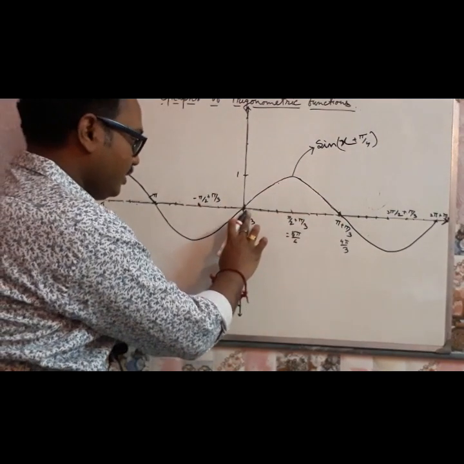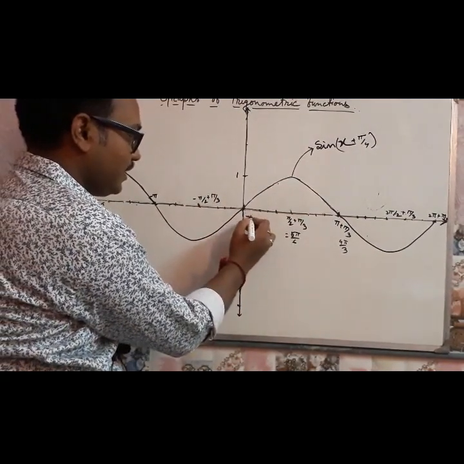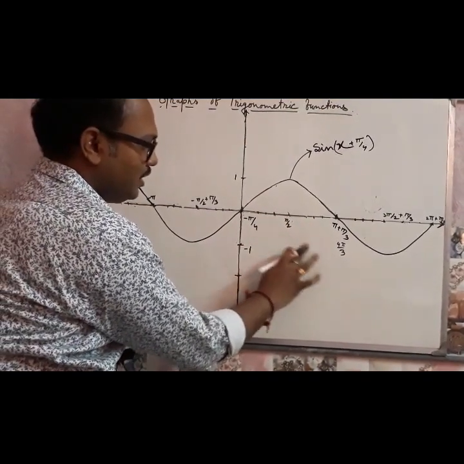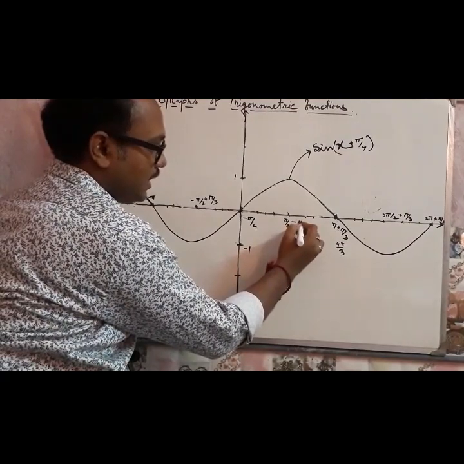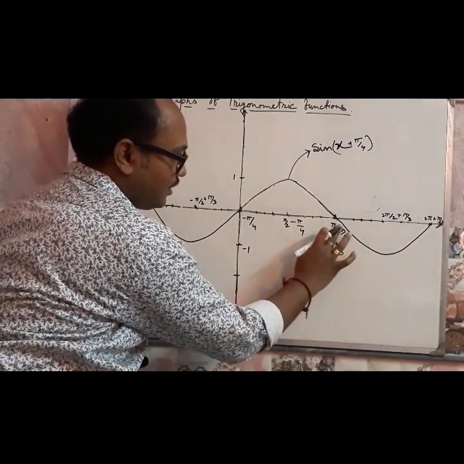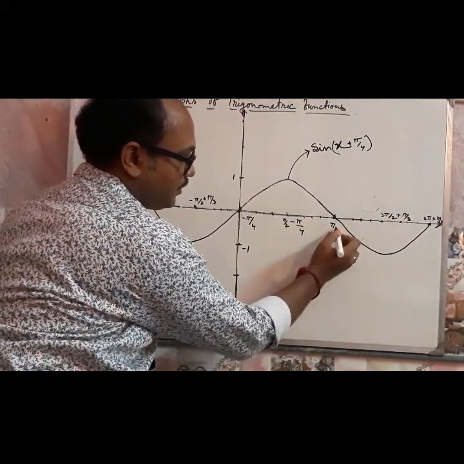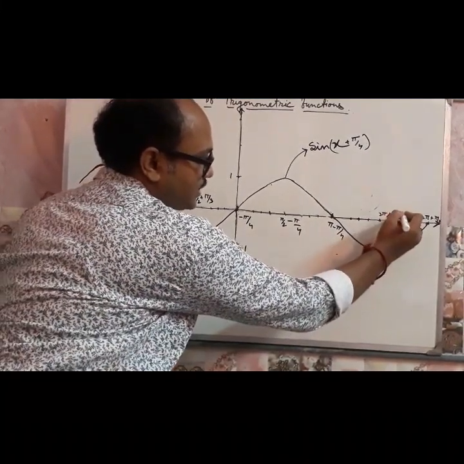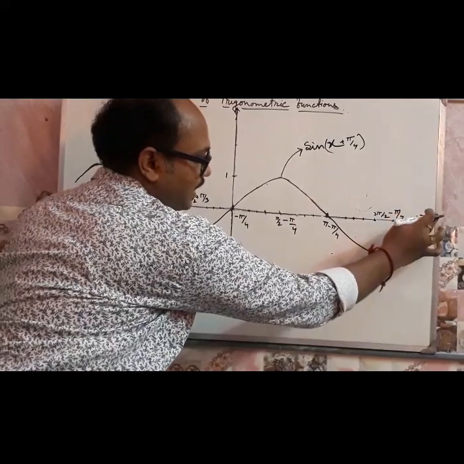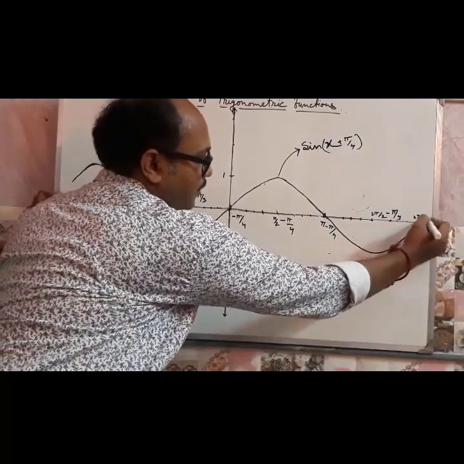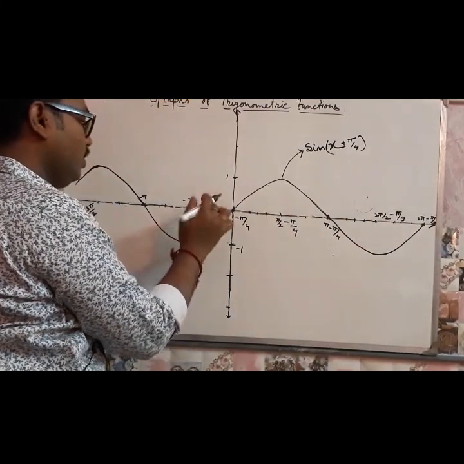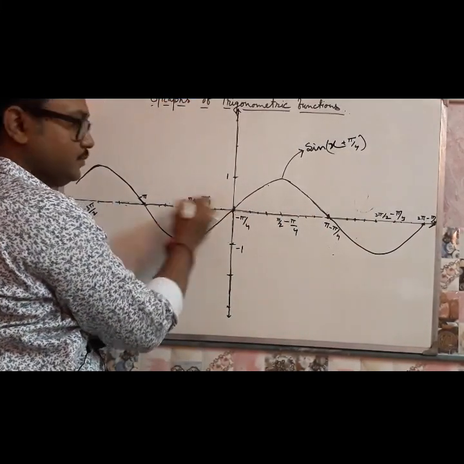So this point will be minus pi by 4. In this case, subtract pi by 4. At first draw the graph of sine, then subtract pi by 4 from all these points. Then it will be the graph of sine x plus pi by 4. Okay? And so on.